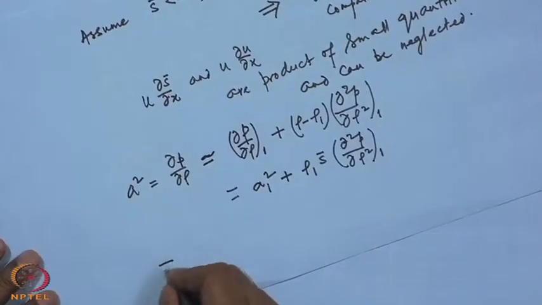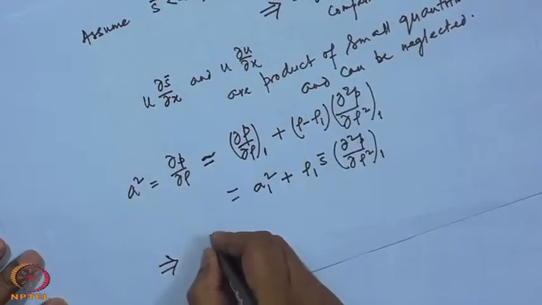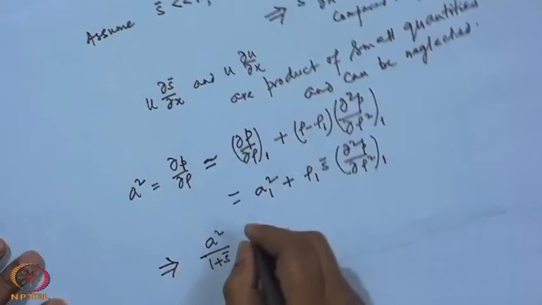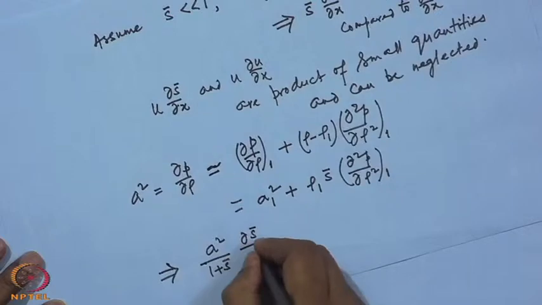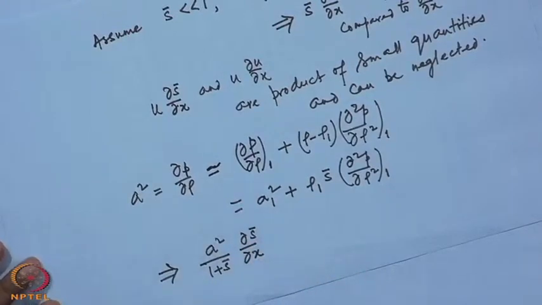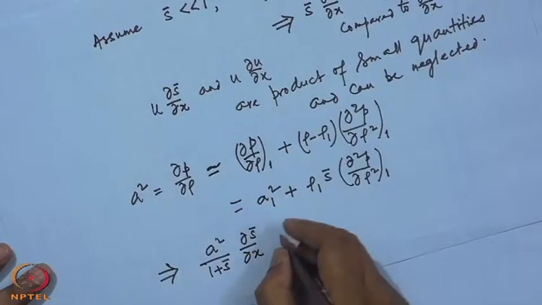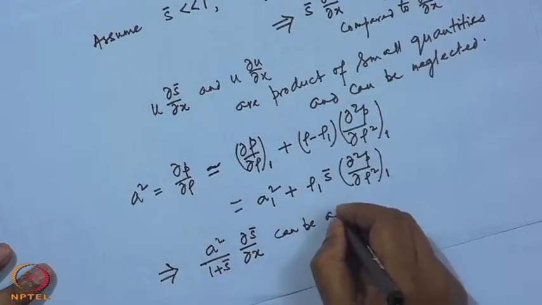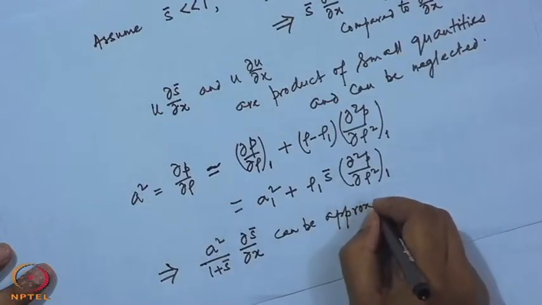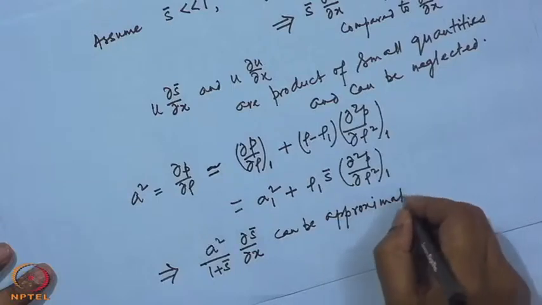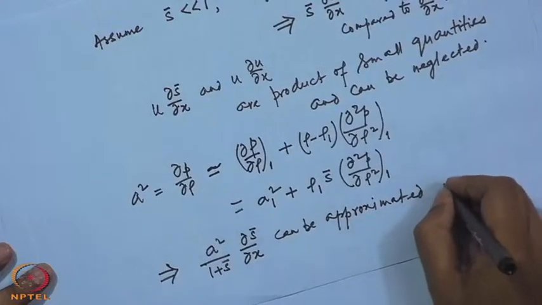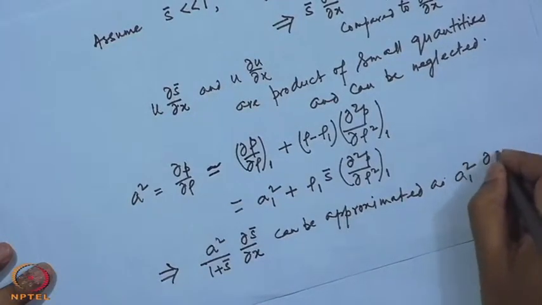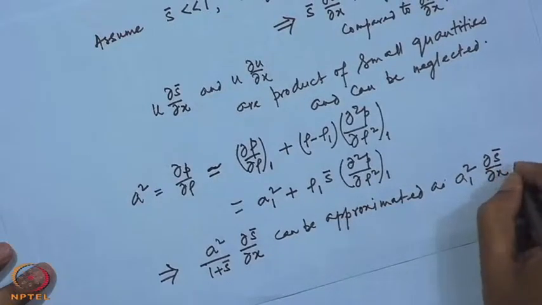This gives a² over (1 + s̄), and the last term in the Euler's equation can be approximated as a1² ∂s̄/∂x.